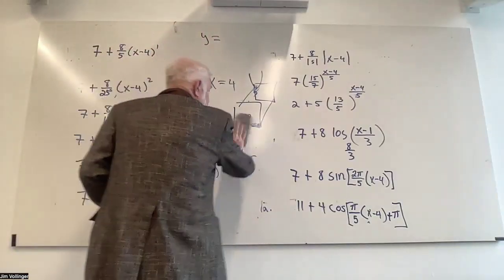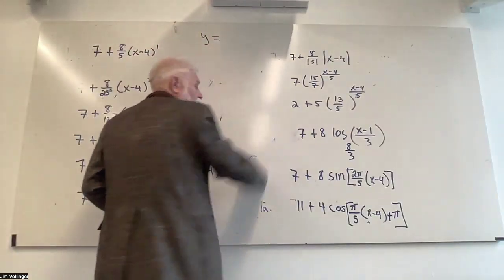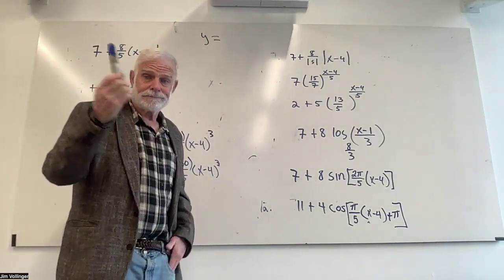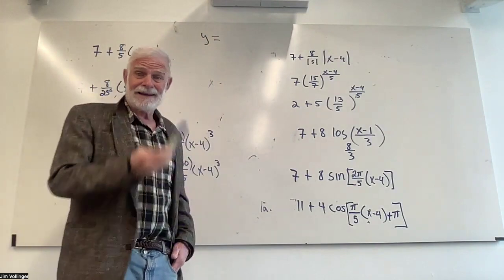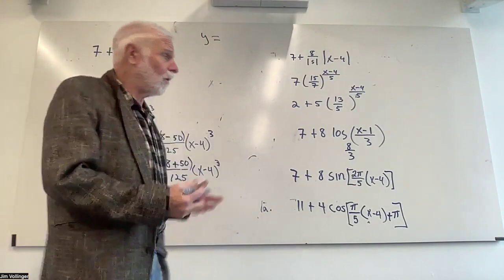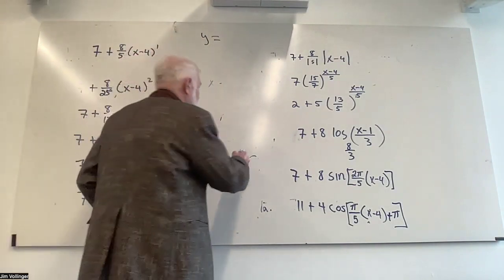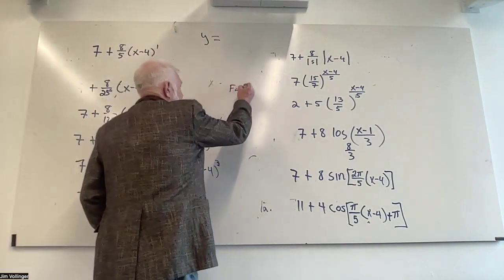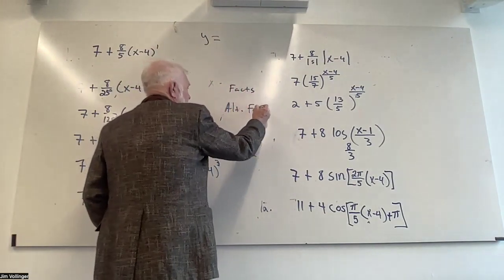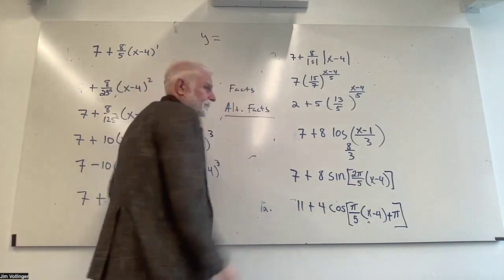But when we create mathematics, I get to decide what to write to make something true. Now I know 8 years ago we had this thing called facts, and now we have alternative facts.